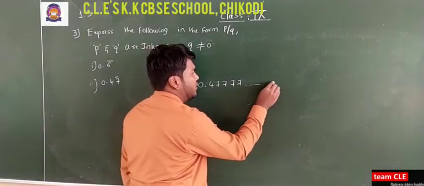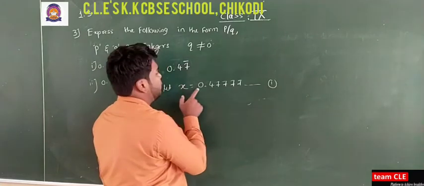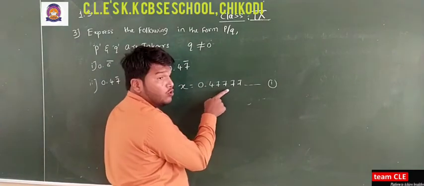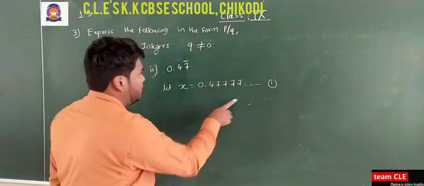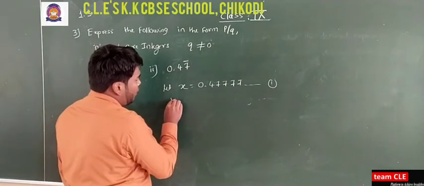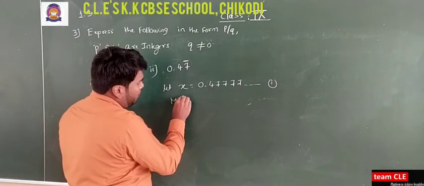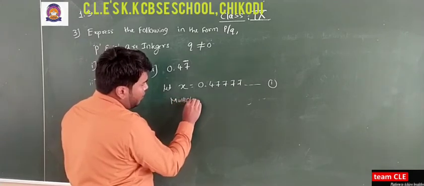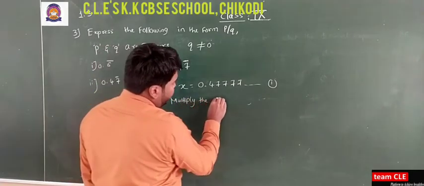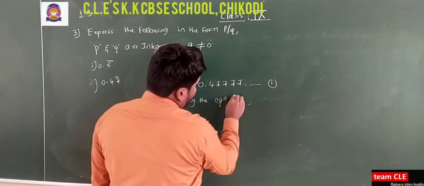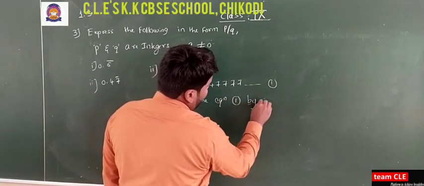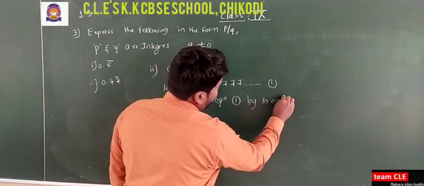So I call this equation 1. Now what you have to do, it is after one digit we are having the bar, so multiply equation 1 by 10 on both sides.